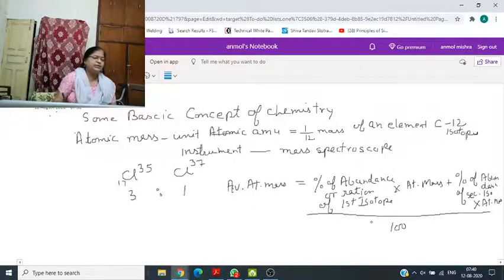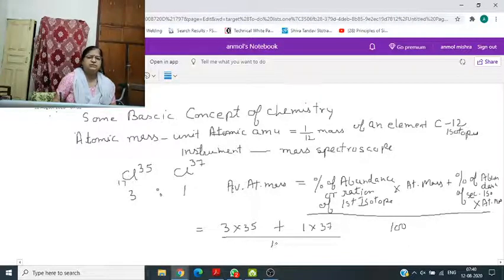Now we will take the example of chlorine only. The ratio is 3, so 3 into 35, plus 1 into 37, divided by 4. So this will come out as 35.5.